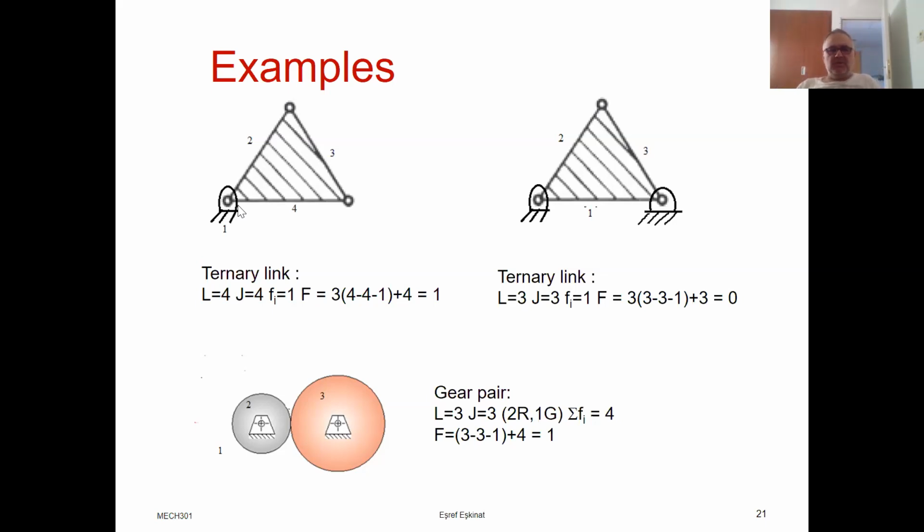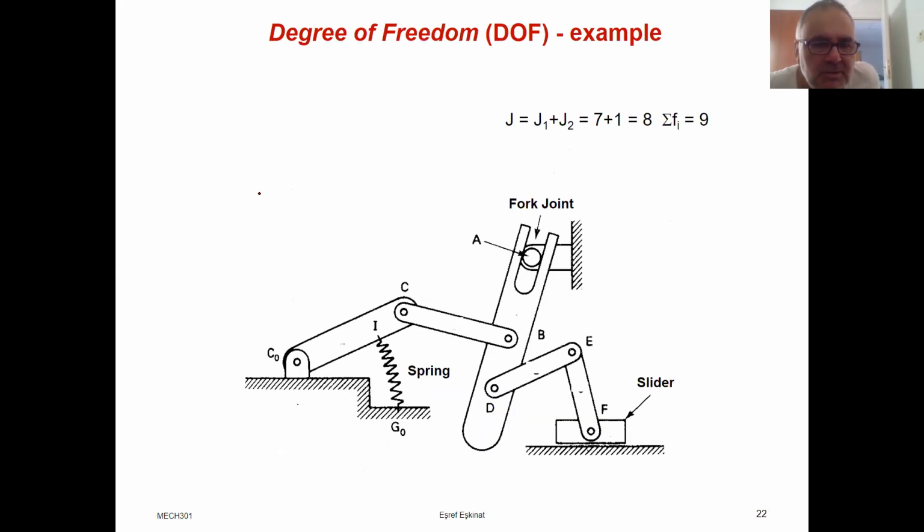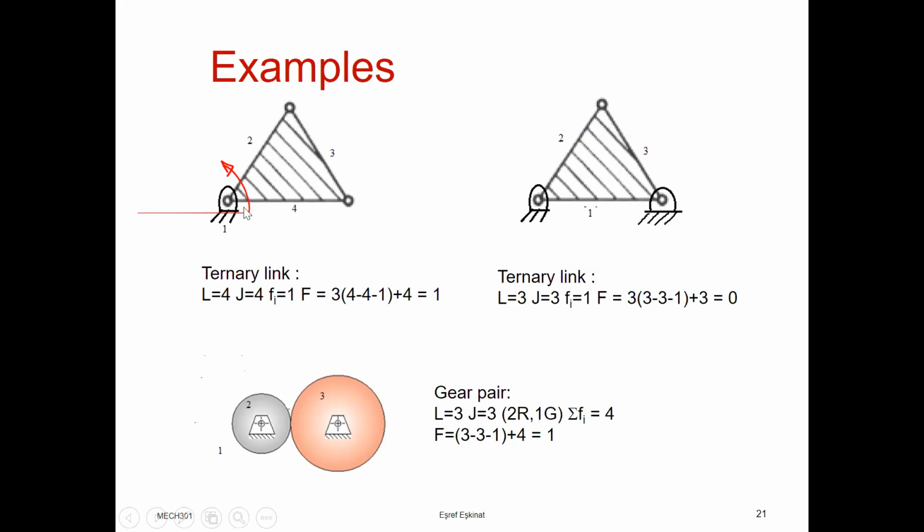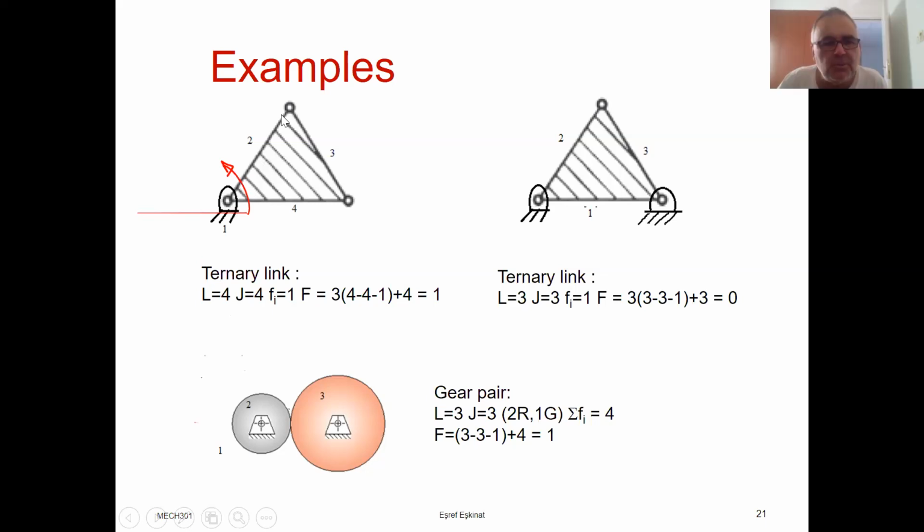What do you expect? Since we have put lines on it, you expect this to act like a rigid body, which it does. And we will find the degree of freedom of it. You have 4 links, including the ground. You have 4 joints, 1, 2, what is that?